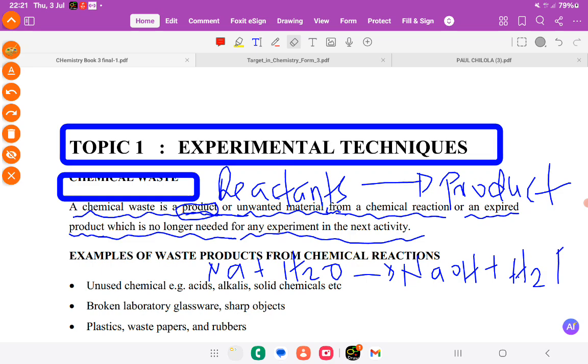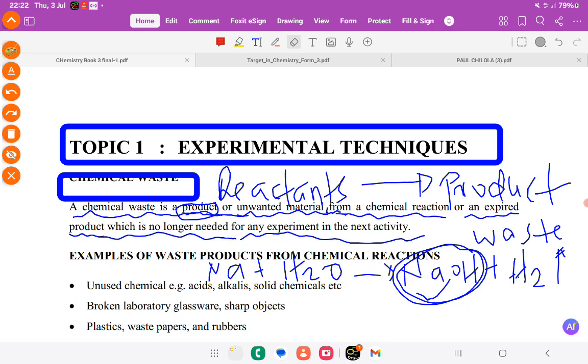Hydrogen gas is mostly released into air, but you'll be left with sodium hydroxide in your reaction vessel, let's say in a beaker or test tube or any other conical flask. In most cases you may not need this in the next chemical reaction unless it is specified by the procedure, but in most cases it is geared to be thrown away. So sodium hydroxide in this case is considered to be a chemical waste.